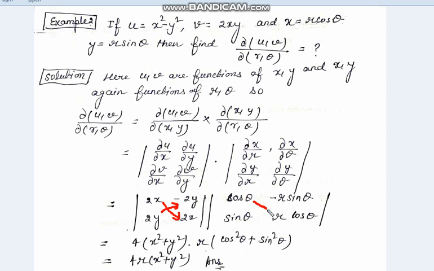And from here if we multiply cos theta into r cos theta we get r cos square theta, and similarly sin theta, and because we also include the minus sign, sin theta minus minus plus r sin theta, so we get r sin square theta, so r is common, we get r times cos square theta plus sin square theta. And after solving this, because sin square theta plus cos square theta is equal to 1, we get 4r times x square plus y square.